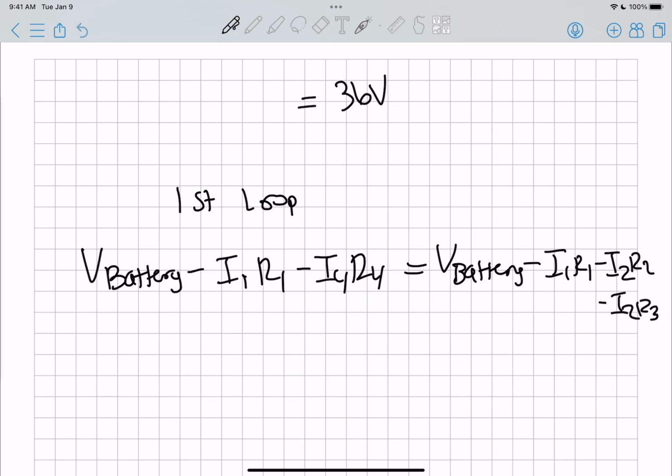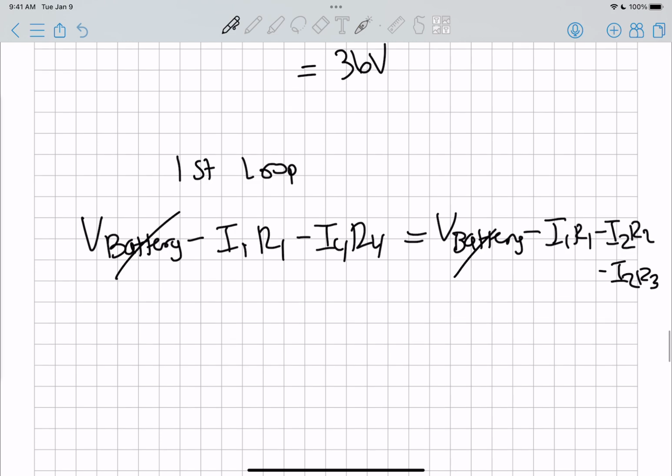Because I2 would be the current going through that branch. It should be the same current between R2 and R3 because there's no extra branching off. So V battery cancels on both sides, I1 R1 cancels on both sides, and you're left with negative I4 R4 equal to minus I2 R2 minus I2 R3.